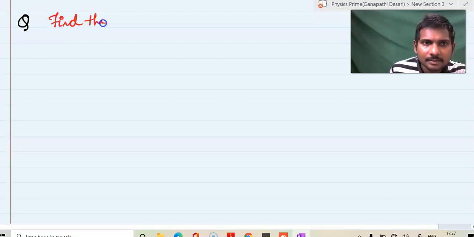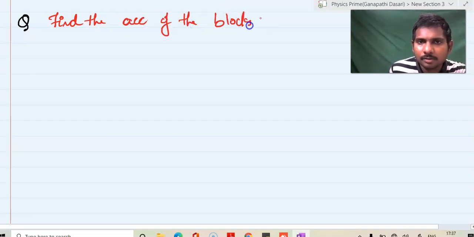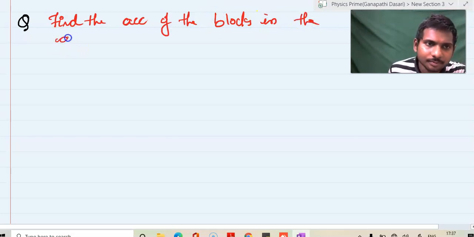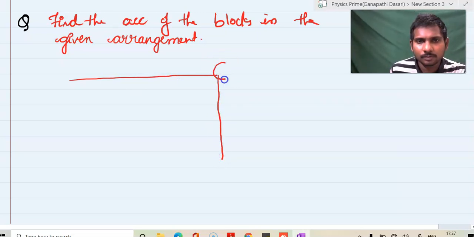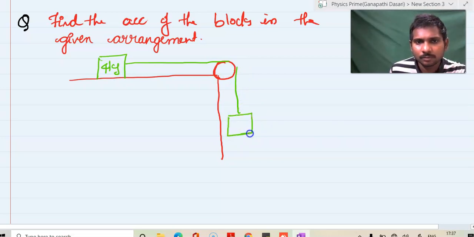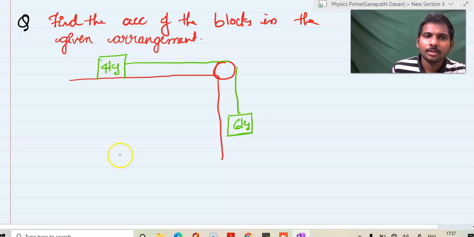Find the acceleration of the blocks in the given arrangement. 6 kg.